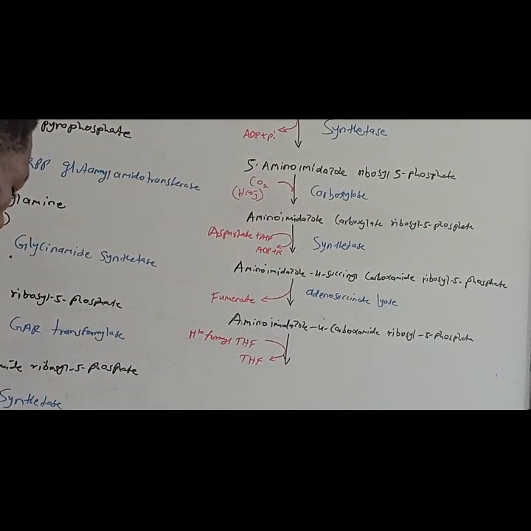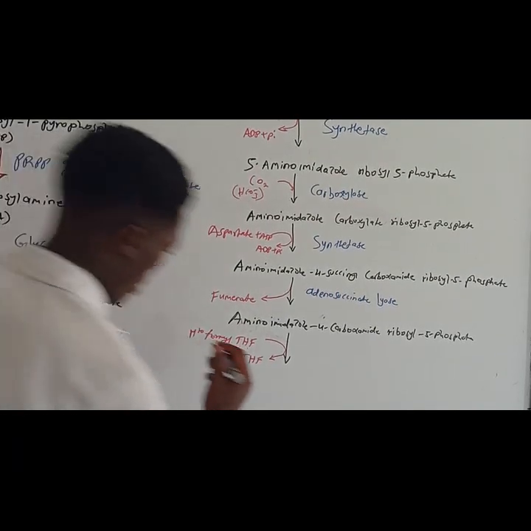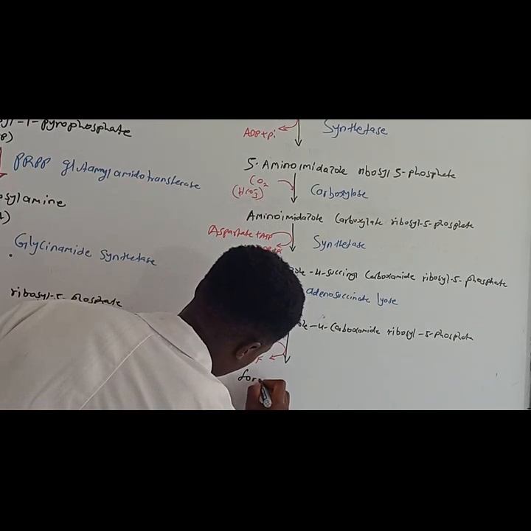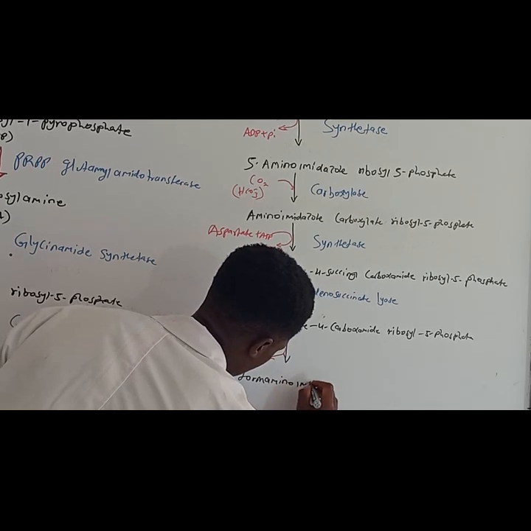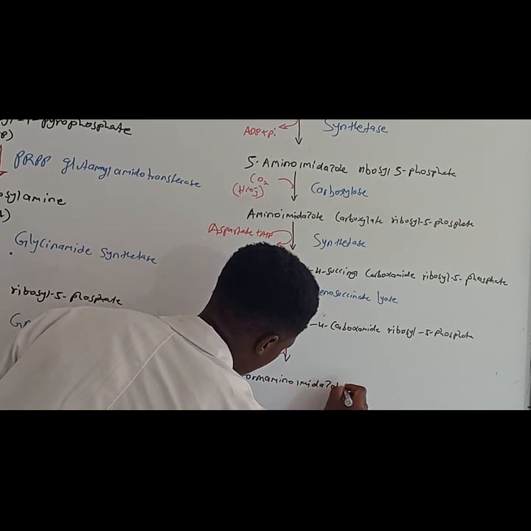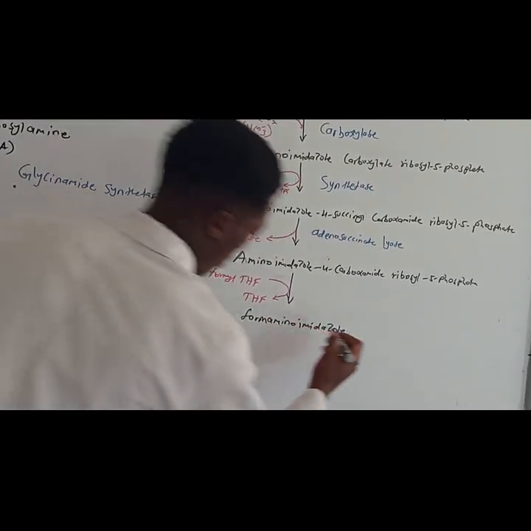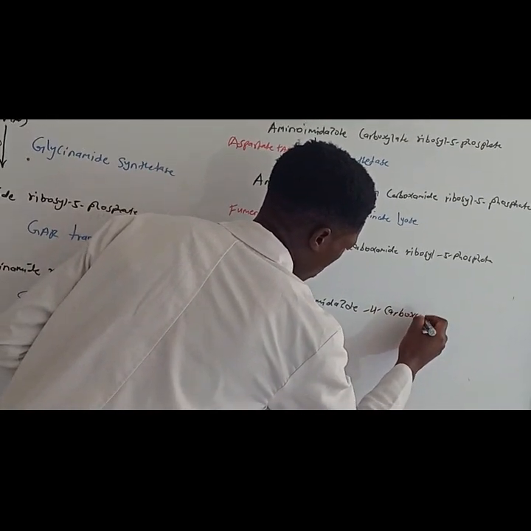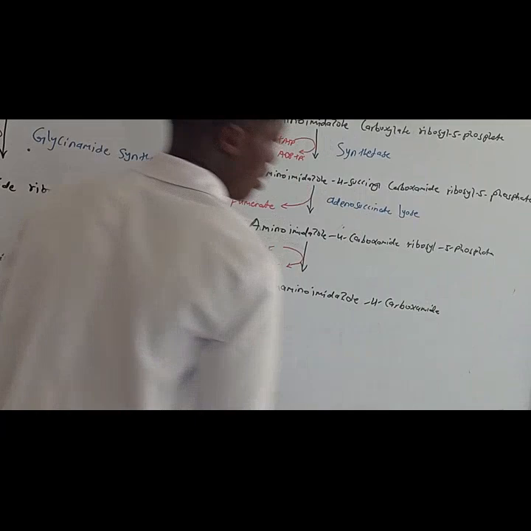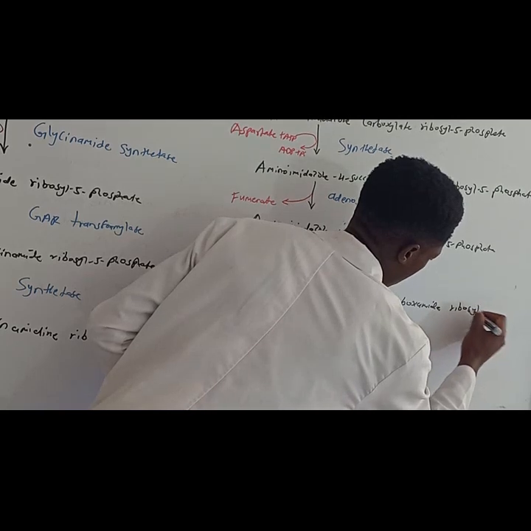Alright. Then we are going to form this new molecule. It's going to be called aminoimidazole 4-carboxamide ribosyl 5-phosphate.